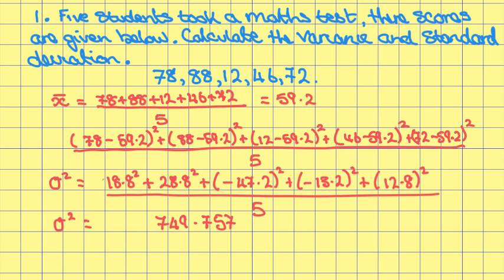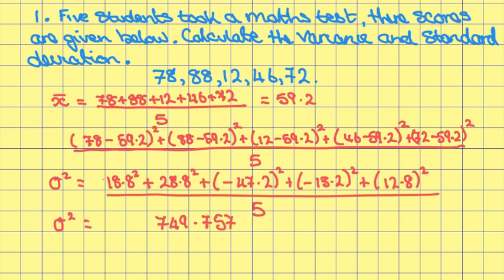Well, it is a massive number. But the reason for this is we have gone through and we have squared every piece of data. We just can't go around squaring everyone and expecting a reasonable answer. So that is why we use the standard deviation.